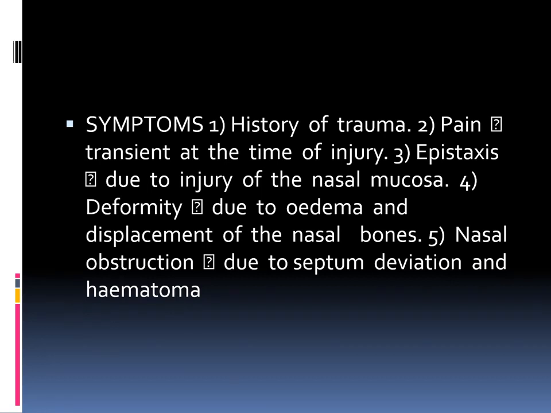Maybe the patient comes to you with no pain at the time, but he had pain with the trauma, epistaxis, and you will see a deformity due to edema. The nose is edematous, or there is displacement of the nasal bones, and nasal obstruction due to septal deviation or hematoma.